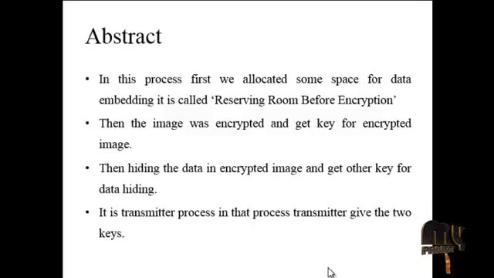Now we give two important keys for security purposes. In the encryption process, the sender gives the user key, and the sender also gives the data hiding key for hiding the data. The encryption process is done by the AES algorithm.